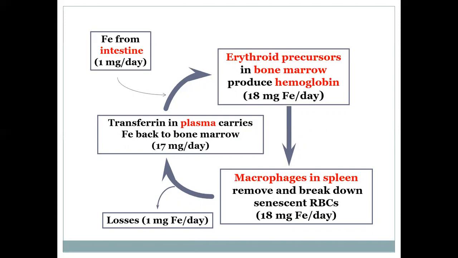Then the red blood cells, when they become old, are destroyed in the macrophages in the spleen, and iron is liberated and carried by the plasma to the bone marrow for synthesis of hemoglobin. There is a very small amount of iron that is lost from the body in lost hair and exfoliation of the skin, and very, very small amounts in the urine.